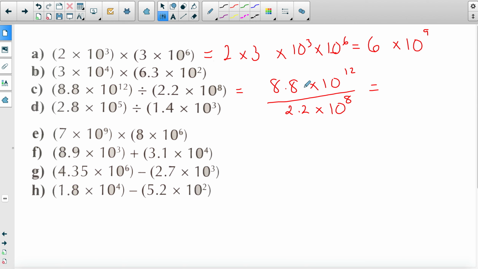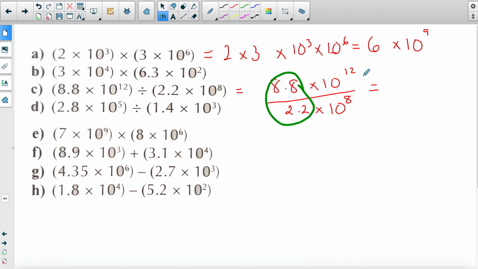In this case, you'll have to do the A part separately, so this part separately, and then you'll have to use the laws of indices again for this part. You have 8.8 divided by 2.2. You can use long division, or you can use simplification if you want to.